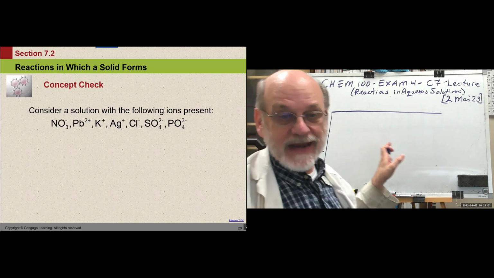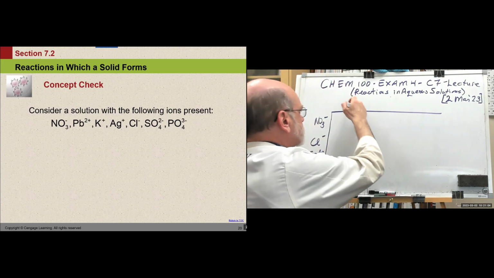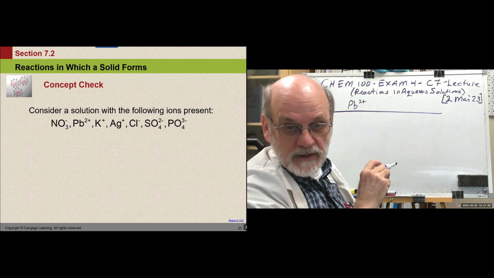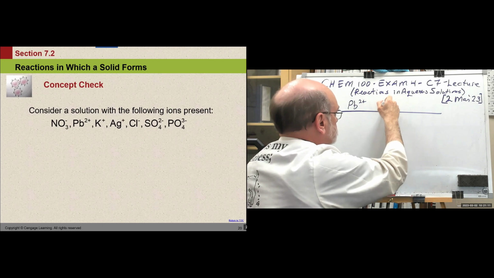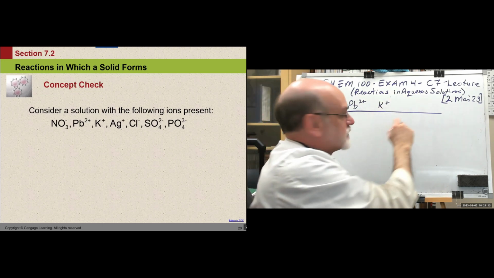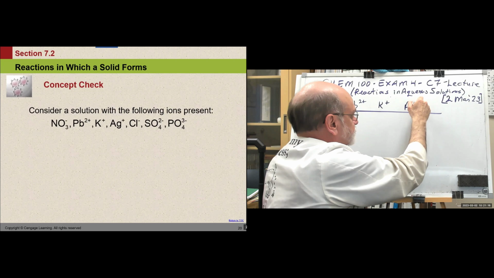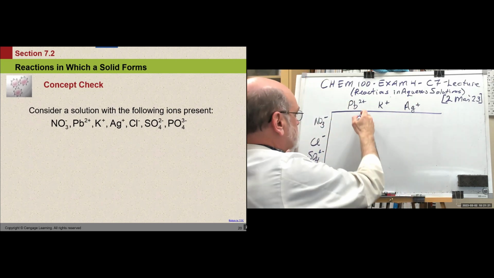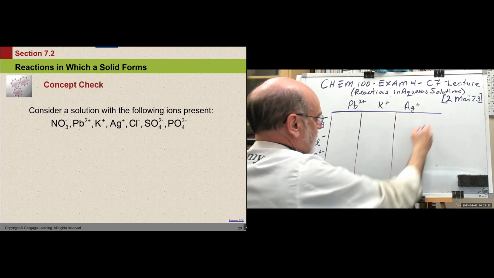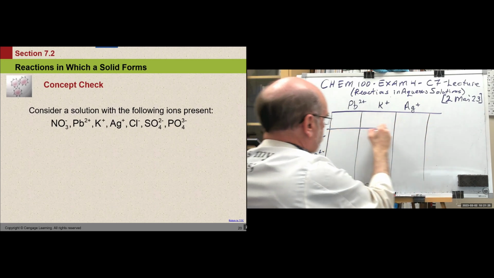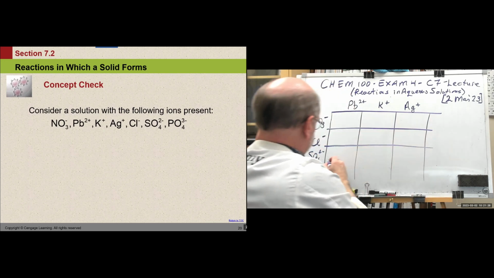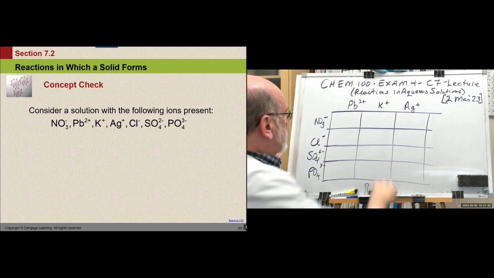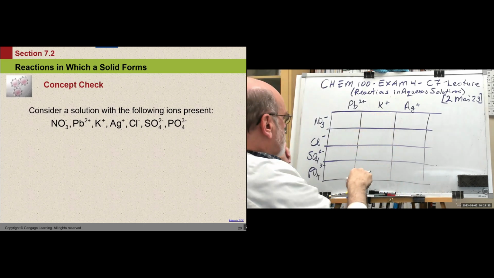Now, across the top, the cations: lead 2+. And what else? Potassium and silver. Okay. Now we can associate. Potassium nitrate.